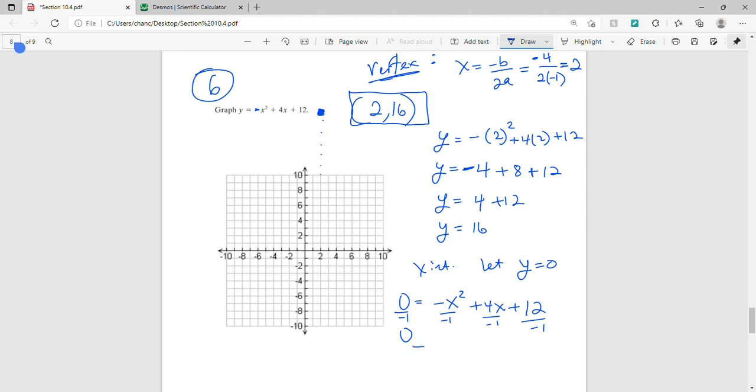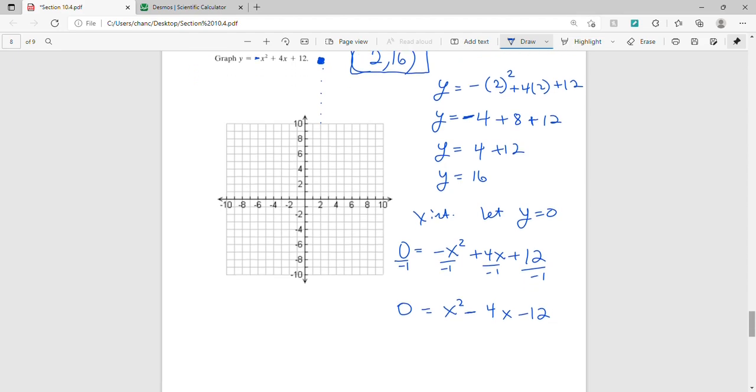This simplifies our equation. Let's rewrite it. This simplifies as 0 equals x squared minus 4x minus 12. Again, I don't want the leading coefficient to be a negative. It just makes it difficult to factor.